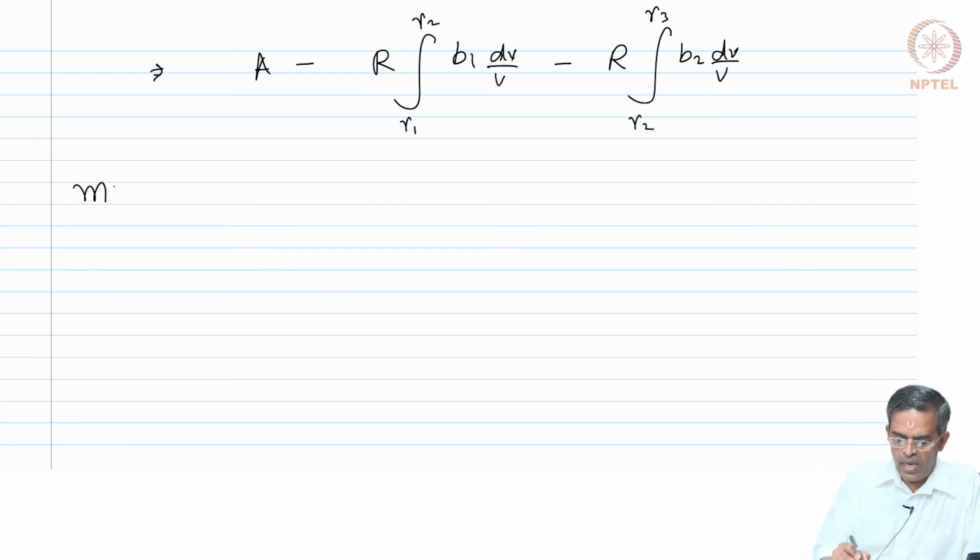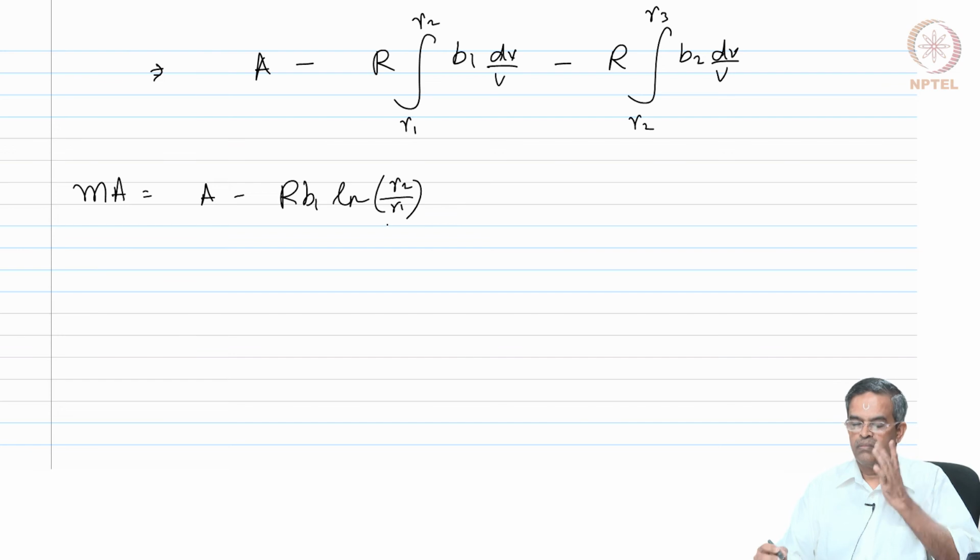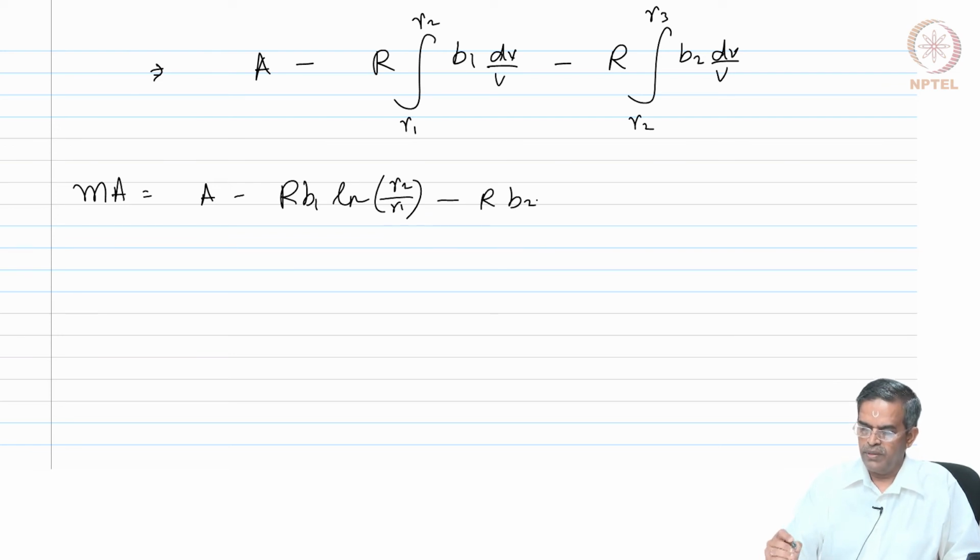So, now MA is equal to A minus R times of B1 of logarithm of v, which is R2 by R1, minus R B2 ln of R3 by R2.